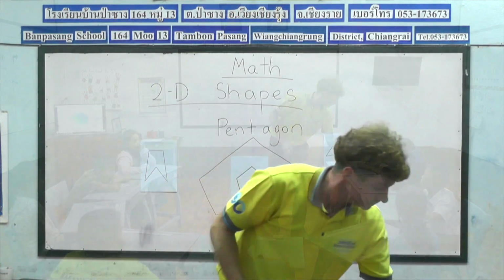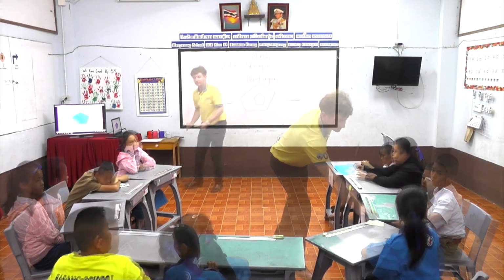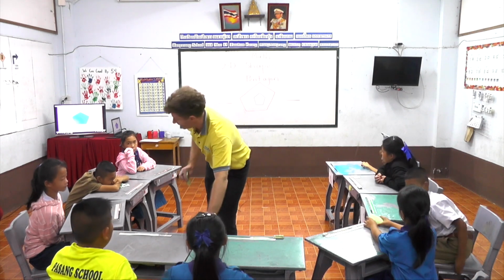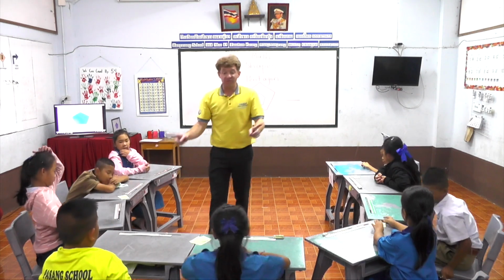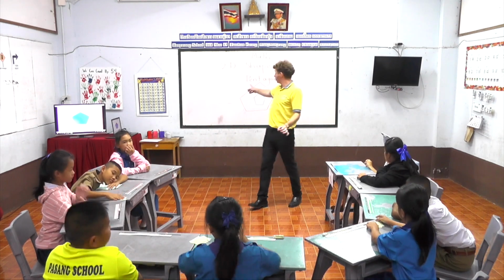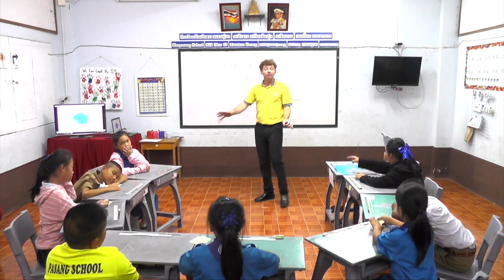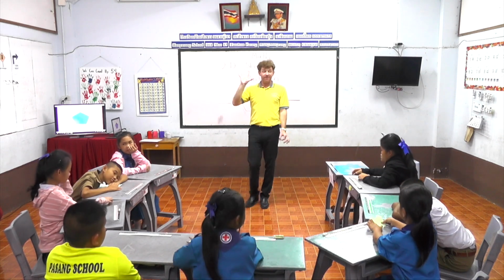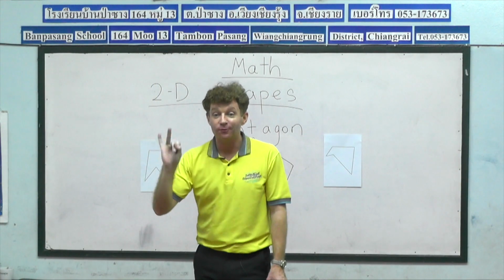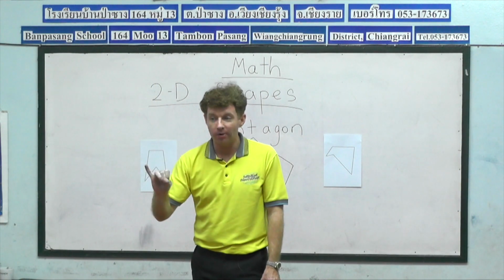Team 2, team 3, that's for you. And team 4. So remember, guys, all of these jigsaws are pentagons, and they're all one of these shapes. So are you ready? 5, 4, 3, 2, 1, go!